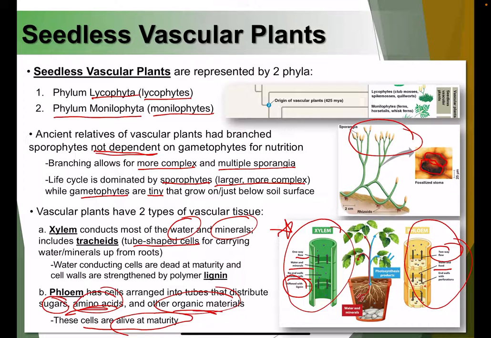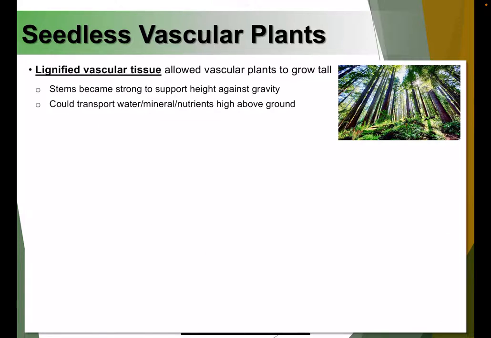So here are the other features that set vascular plants apart from non-vascular plants. One of the first of those are lignified vascular tissue that we just talked about that gives xylem their strength. So this is what also allowed for vascular plants to grow very tall. Stems actually became very strong because of this lignin, and that supports a lot of height against gravity.